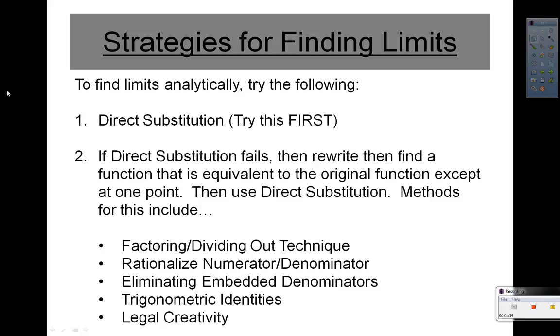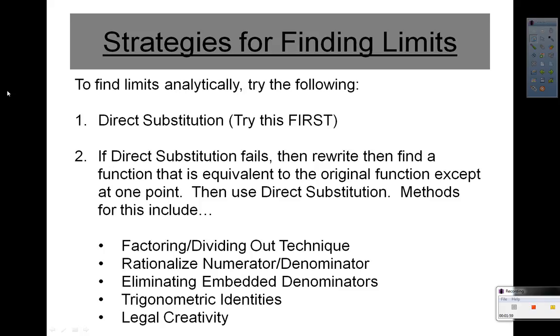Methods to help us rewrite it include, but aren't limited to, factoring or dividing out technique, rationalizing the numerator and denominator, eliminating embedded denominators, trigonometric identities, or any type of algebraic legal creativity that you can think of. Those are all valid methods that you can use.